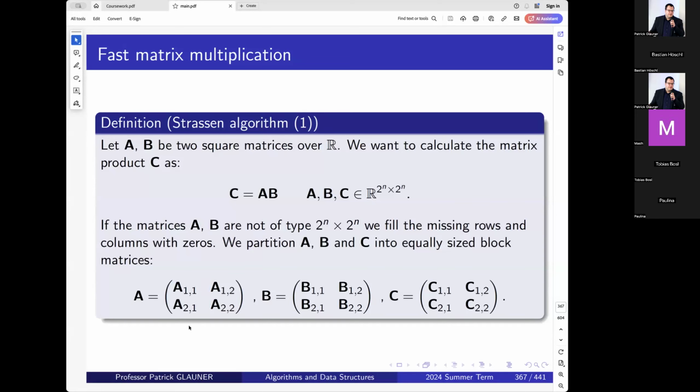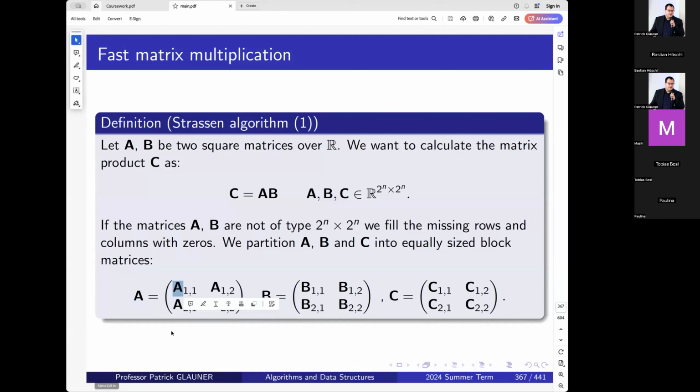So A11 is the upper left quarter, A12 is the upper right quarter, and so forth. So we split A, which is a very large matrix, into 4 equally sized blocks, and we do the same for B. That's why I'm also showing you this on the slides, because this is still bold. So we use a bold notation for a matrix, an uppercase bold A, a capital bold.